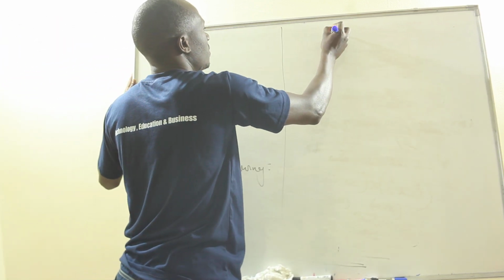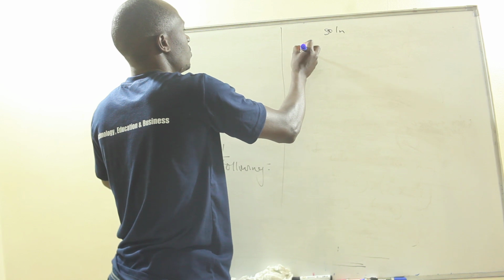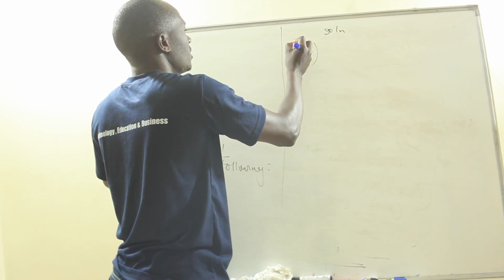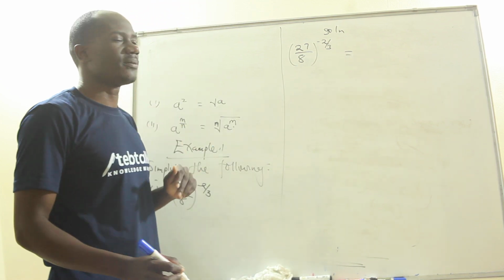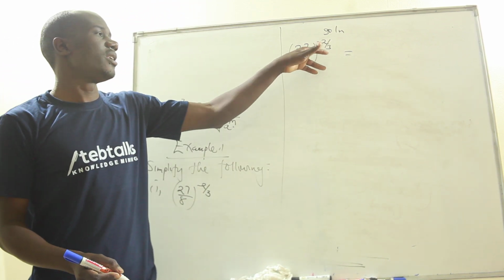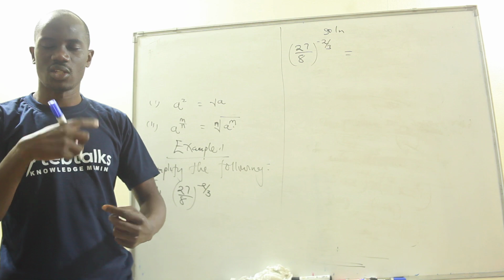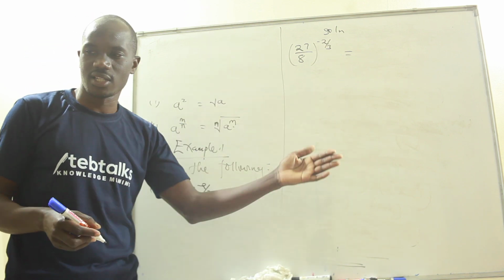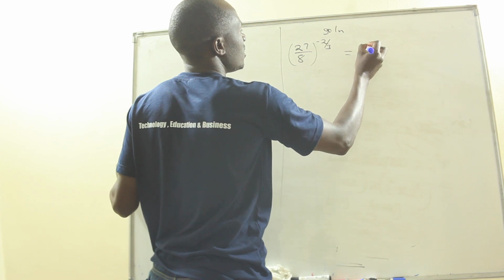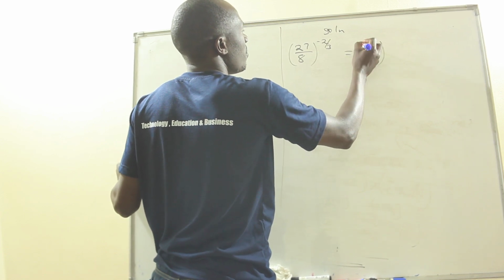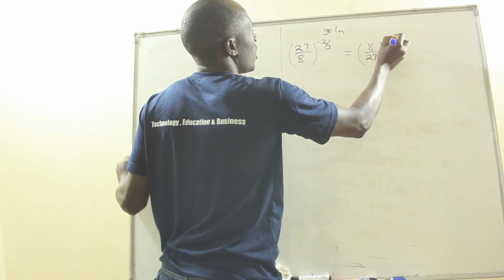Solution: they have said 27 out of 8 power negative 2 out of 3. This is the same as what? We said when the power is raised to a negative, you take the reciprocal. What is down goes up, what is up comes down. So this is the same as 8 out of 27 power 2 out of 3.